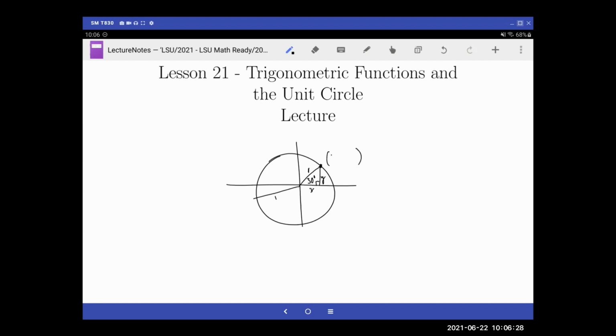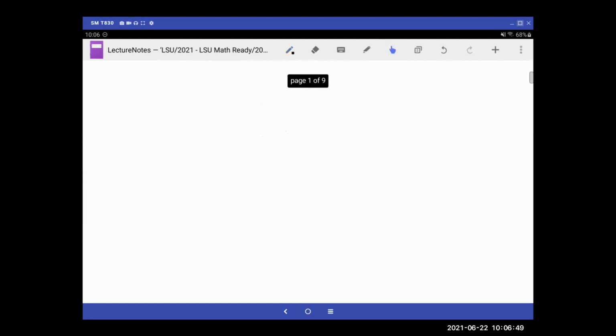In this case, it's square root of 3 over 2 comma 1/2. That's the length of the x side and the length of the y side: square root of 3 over 2 and 1/2. You can use the Pythagorean theorem to verify that. That's the unit circle, at least really briefly.